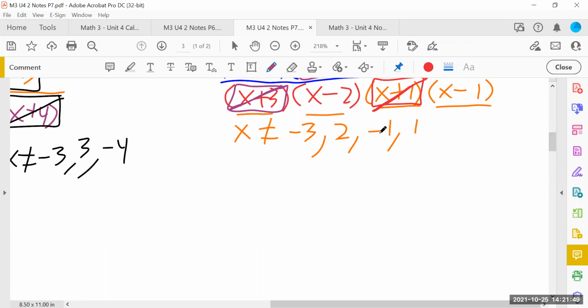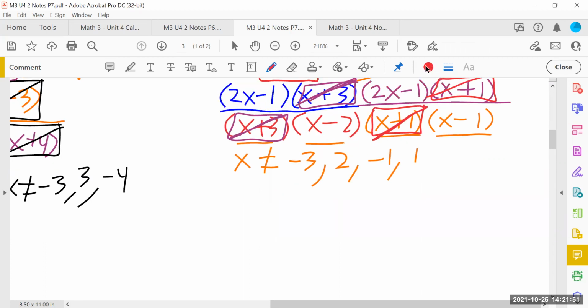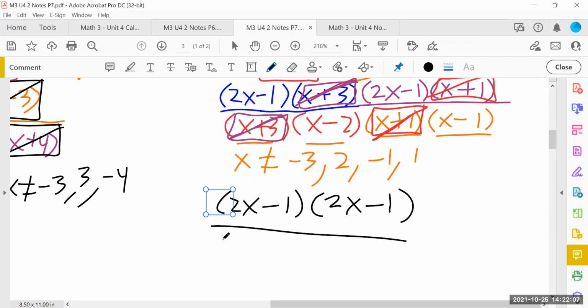So instead, 2x minus 1 and 2x minus 1, I can actually write this 2 different ways. I can do 2x minus 1 times 2x minus 1 over x minus 2 times x minus 1. So this would be fine.